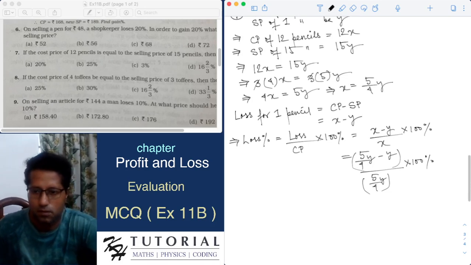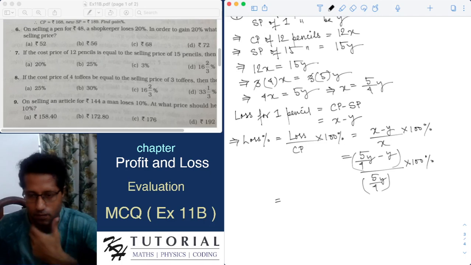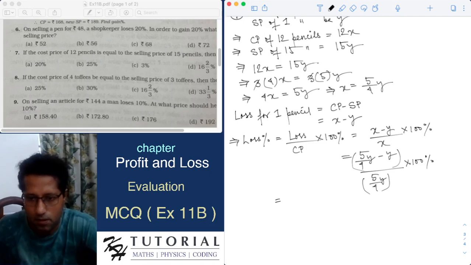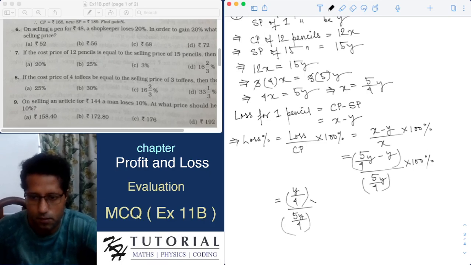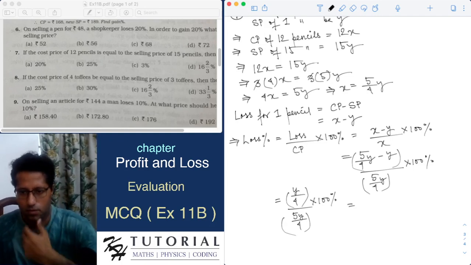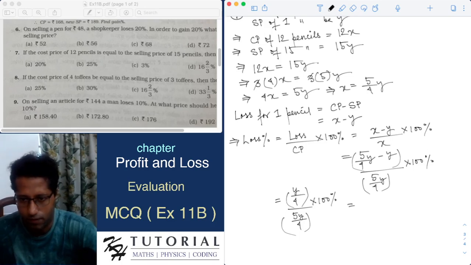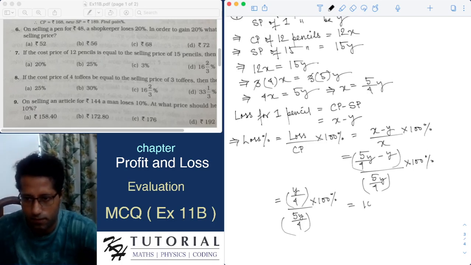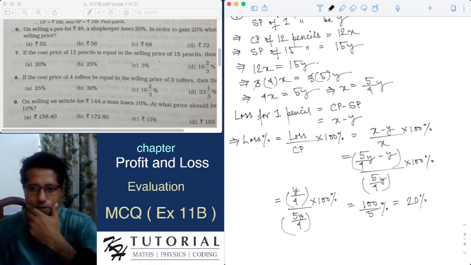Now this becomes 5y by 4 minus y is y by 4, and we have in the denominator 5y by 4, multiplied by 100%. Y cancels out and y by 4 cancels out, and this is 100 by 5%. This equals 20%. So the loss percent is 20%.